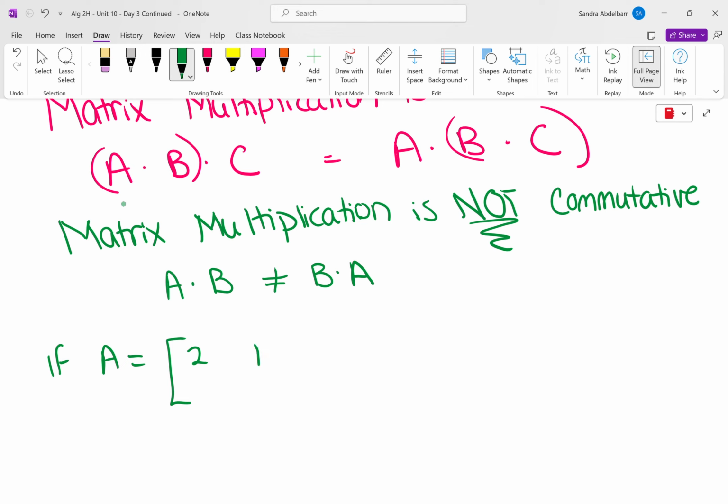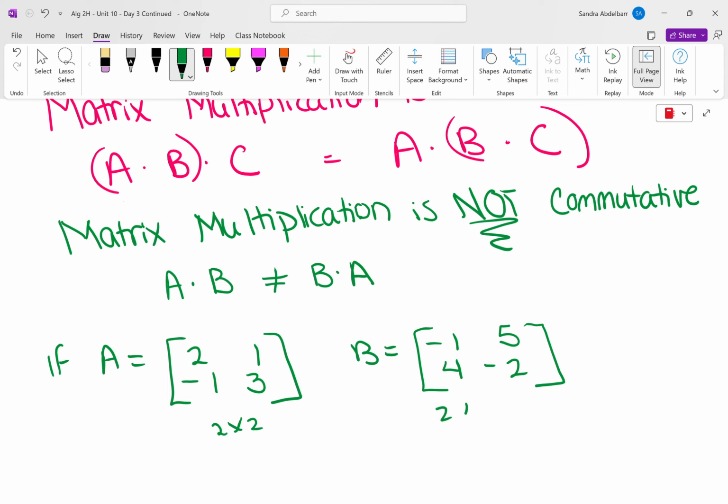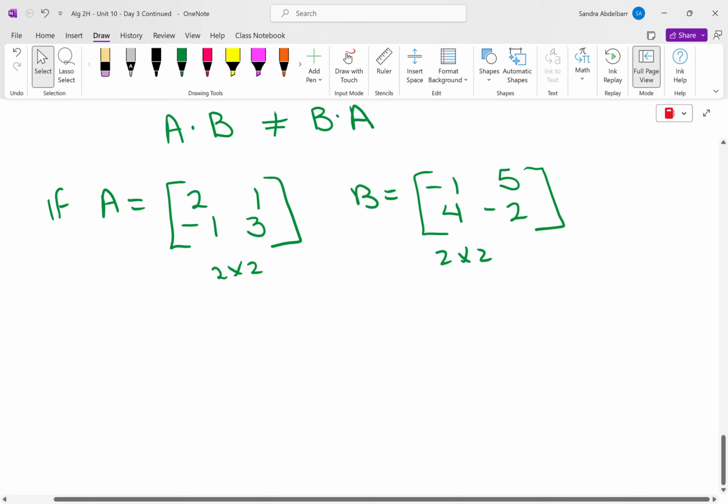If A is a 2 by 2, 2, 1, negative 1, 3, and B is negative 1, 5, 4, negative 2. So this is a 2 by 2 and this is a 2 by 2.